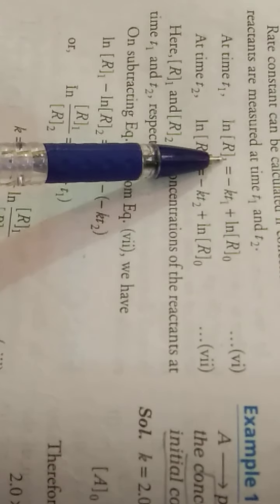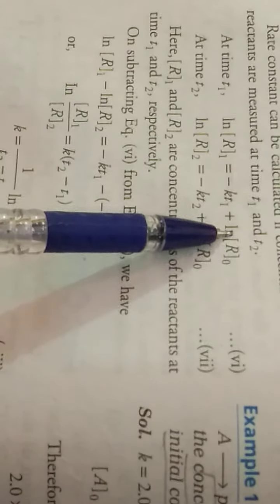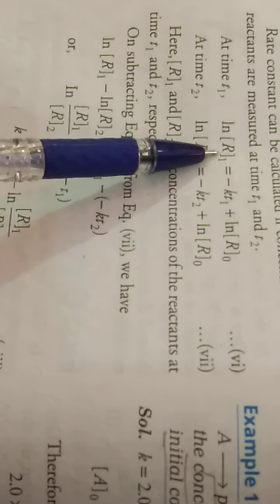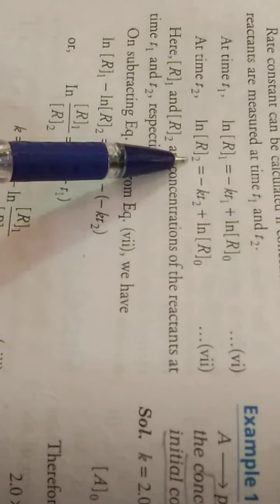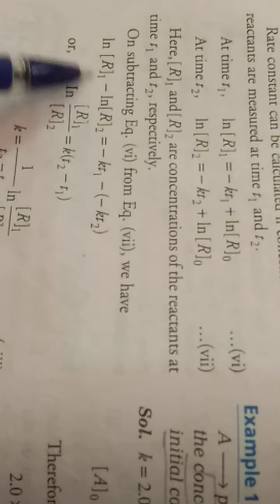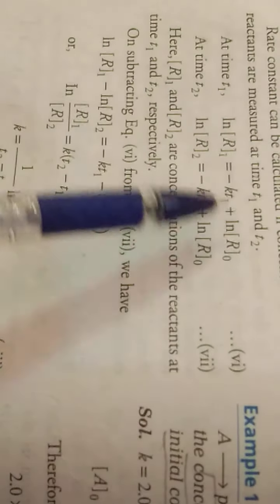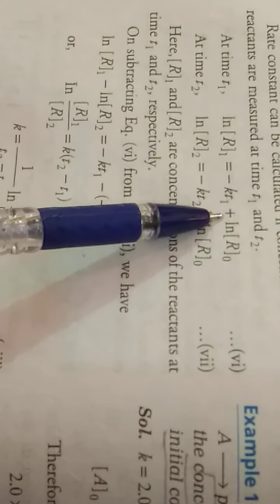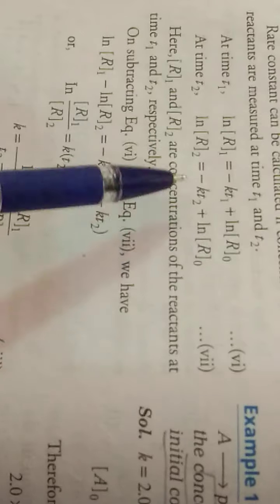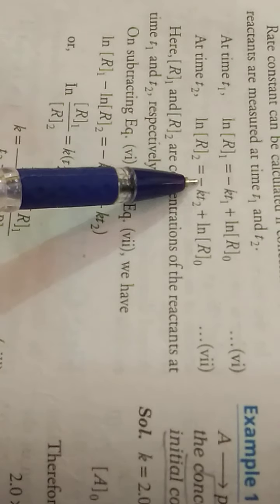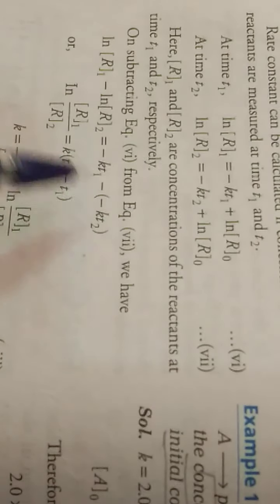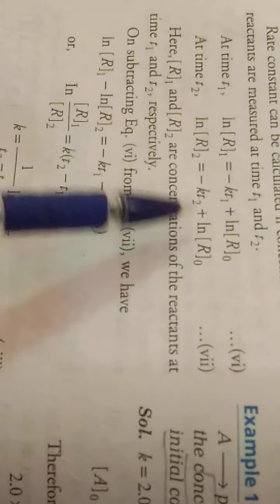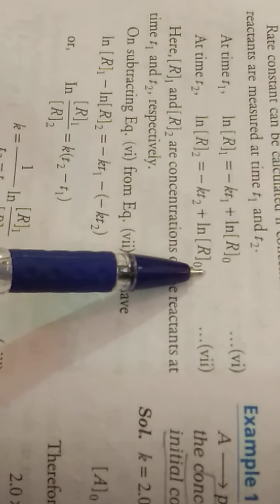Left minus left, right minus right. ln R1 minus ln R2, this minus this will be equal to minus kt1 plus ln R0, and minus will become plus, minus ln R0.